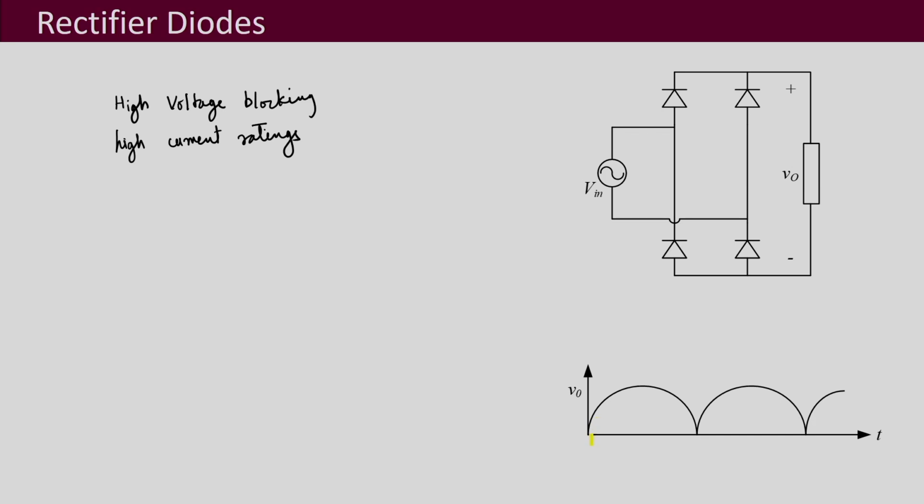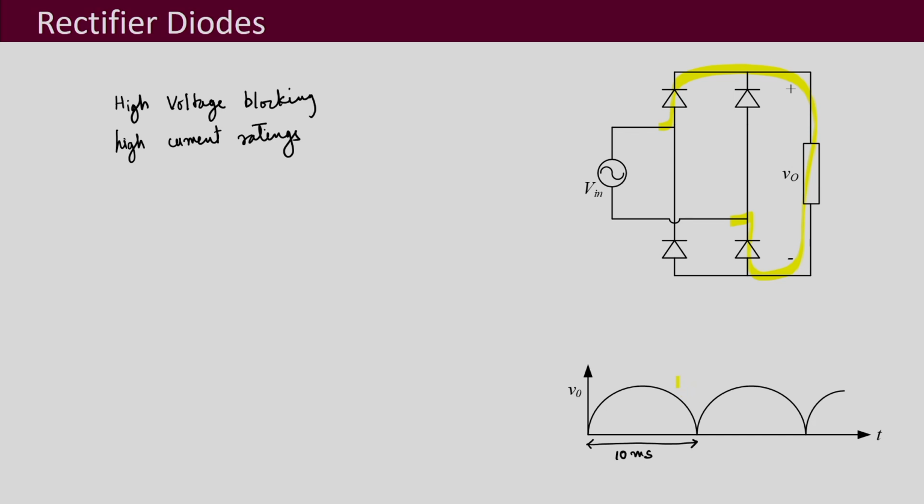If the frequency of this supply is 50 hertz, then this will be 10 milliseconds. One diode conducts for half the cycle, and another diode conducts for the other half cycle.